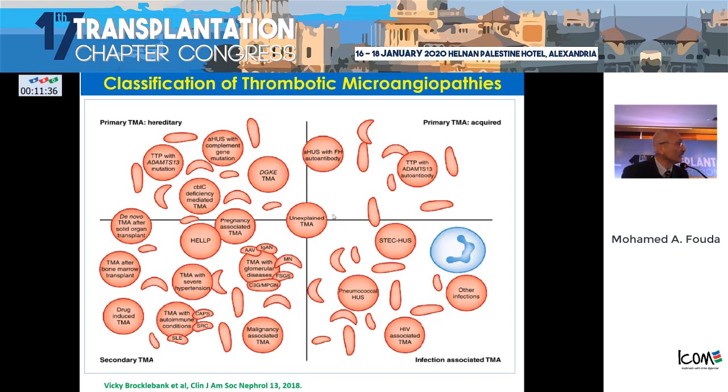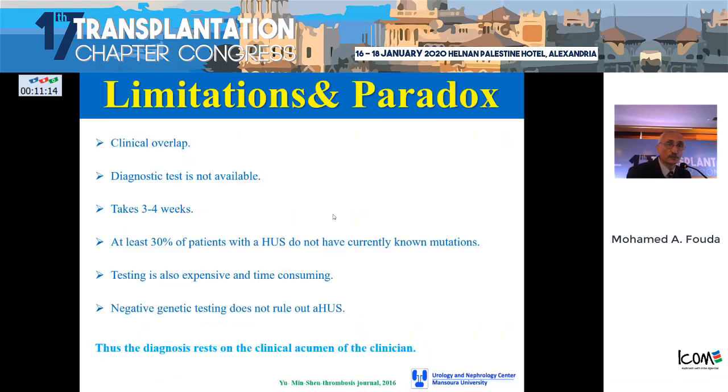One explanation is that it needs a triggering environmental factor such as infection, drug, pregnancy, and that is why we have to observe that the secondary TMA due to pregnancy-associated HELLP syndrome, de novo TMA after solid organ transplantation, and others may have an underlying genetic background.